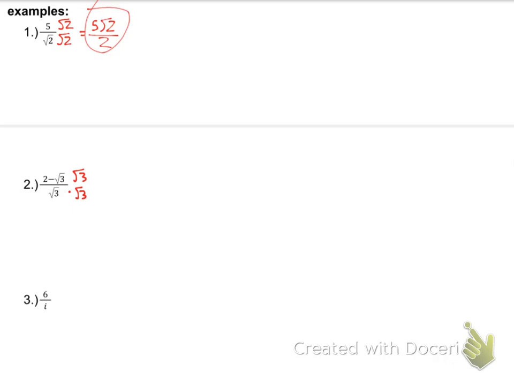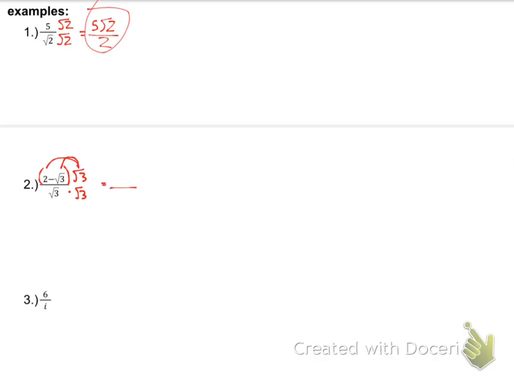Wait a minute. The bottom is a single number. That's great. The top has how many numbers, though? What does the numerator have? It has a 2 minus the square root of 3. That's a binomial.